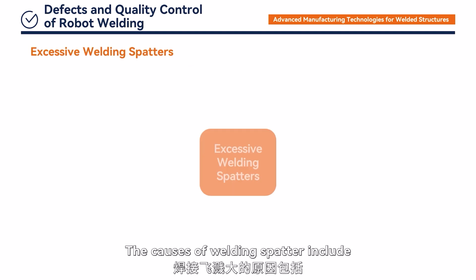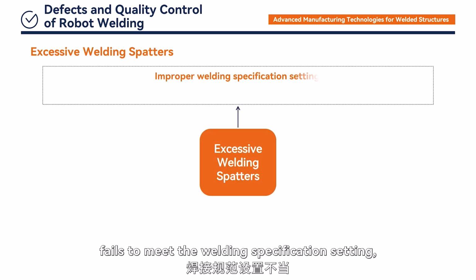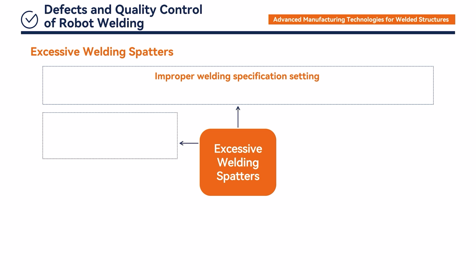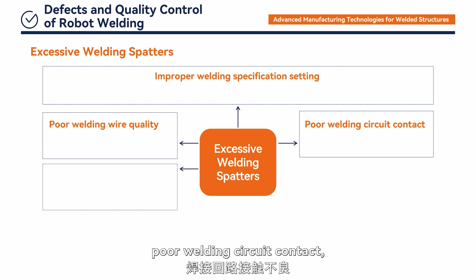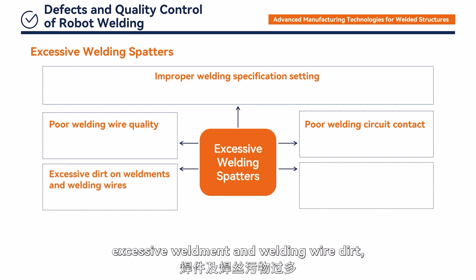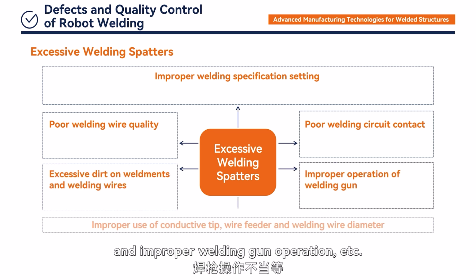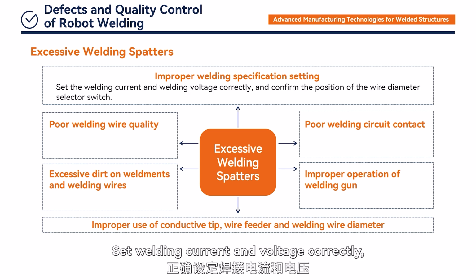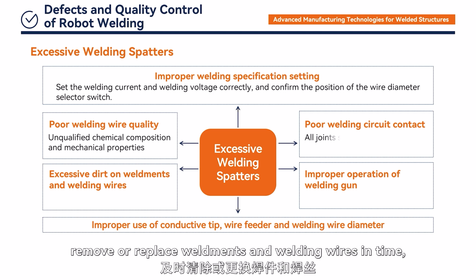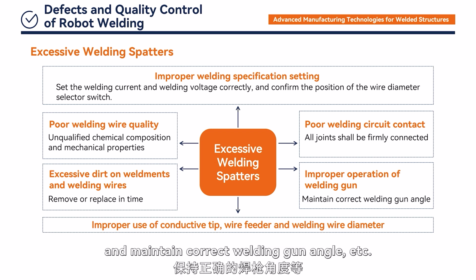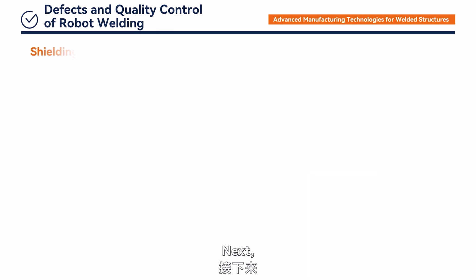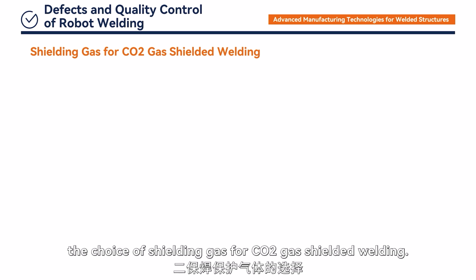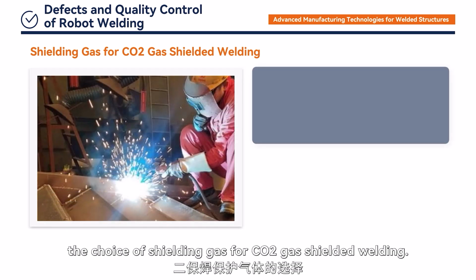The causes of welding spatter include failure to meet the welding specification setting, poor welding wire quality, poor welding circuit contact, excessive weldment and welding wire dirt, and improper welding gun operation, etc. Solutions include setting welding current and voltage correctly, removing or replacing weldments and welding wires in time, and maintaining the correct welding gun angle, etc.